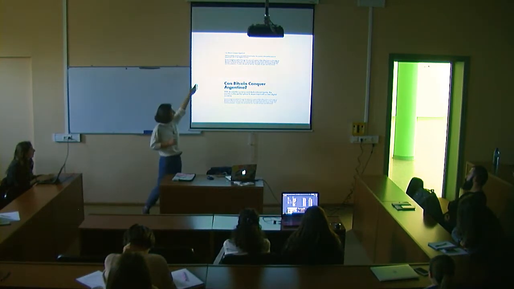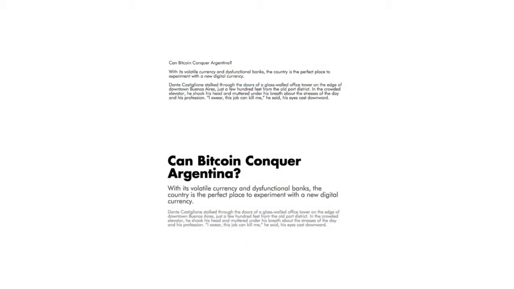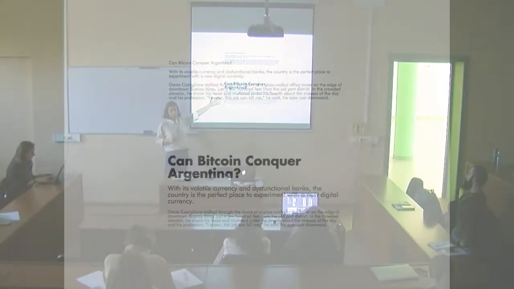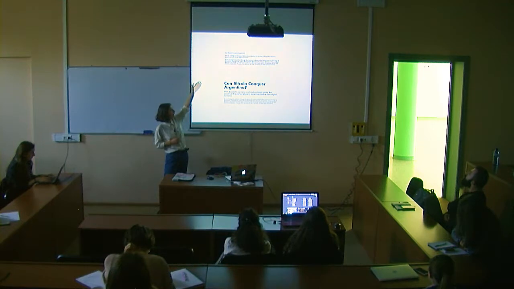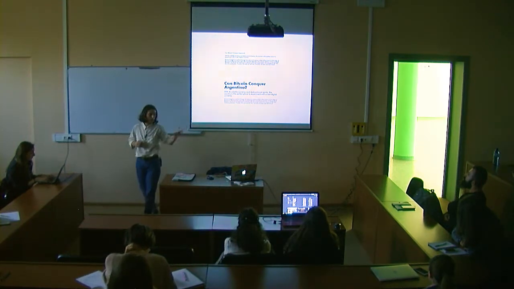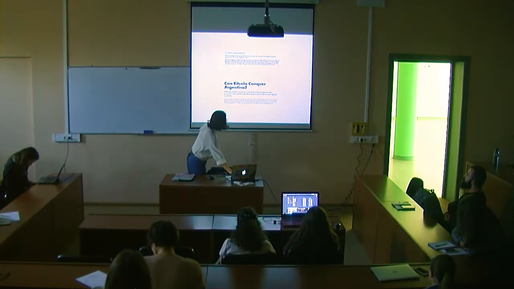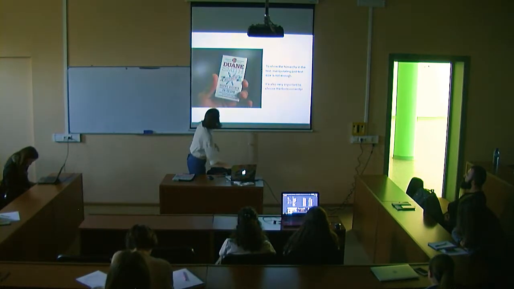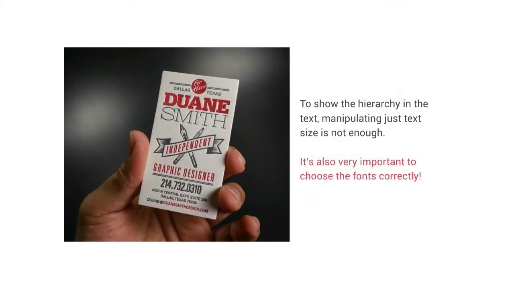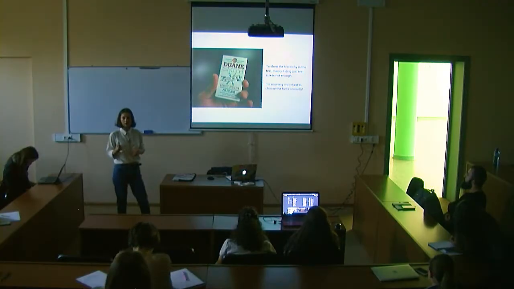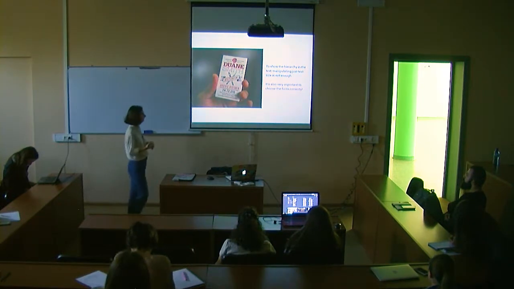But for example, here, it's much easier for us to understand this text than the first text, because we have no hierarchy there. But it's not enough to use sizes to create hierarchy. In the text, we are also using different typefaces and different thickness of fonts.